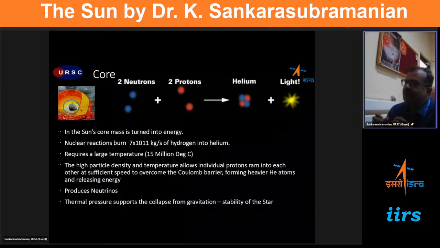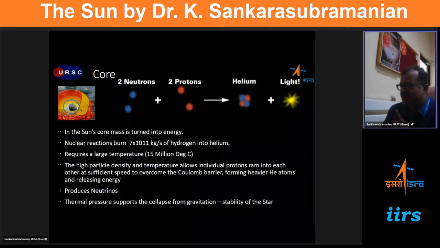What is the energy required to bring these two together? If you calculate and use that as the kinetic energy of the two protons and estimate the temperature, you will reach a temperature of roughly 15 million degrees centigrade. So the core of the sun needs this 15 million degrees centigrade to convert hydrogen into helium.